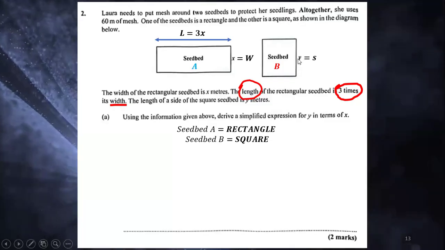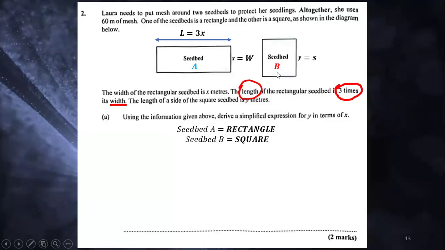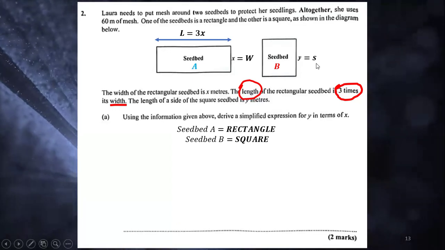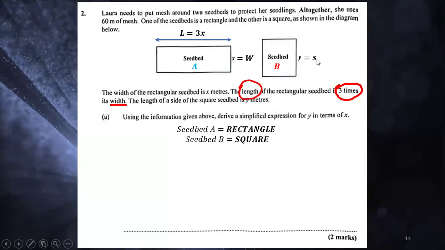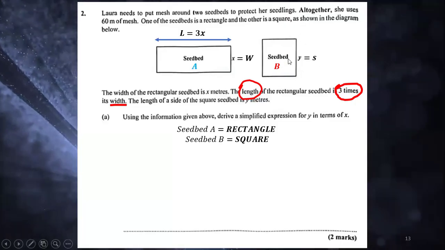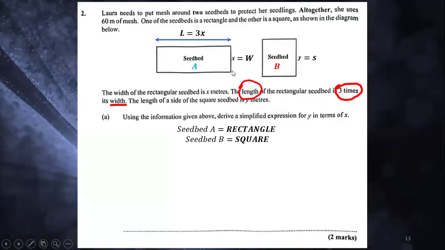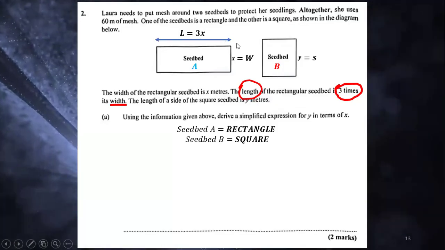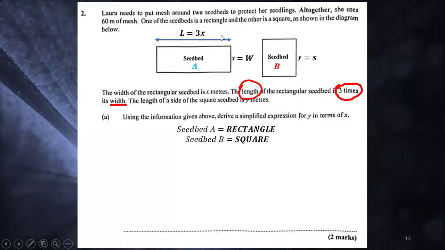They said that the side is going to be y. So I put y is equal to s. S represents the side of a square. Any side is going to be s, which is the same length. W is the width, which is x. The L is the length, which is 3 times the width, which is 3x.